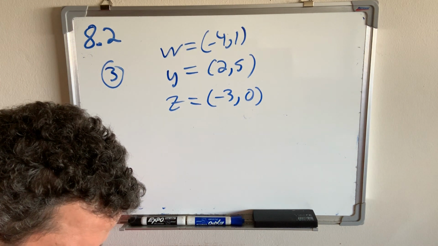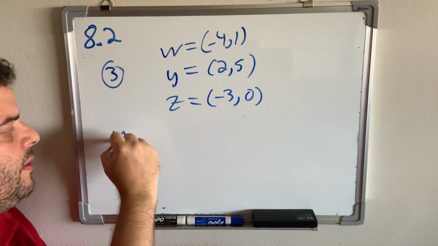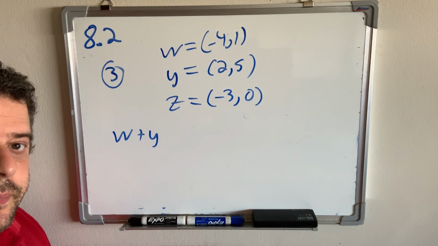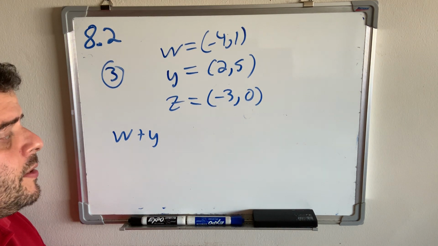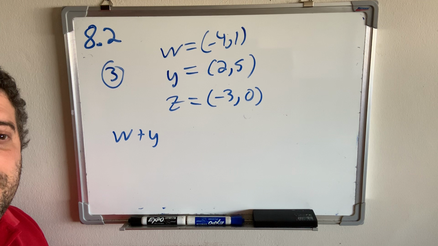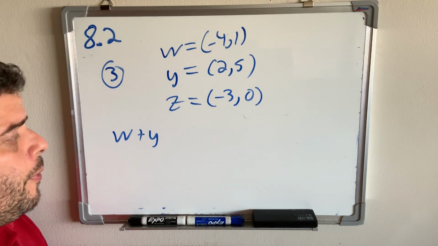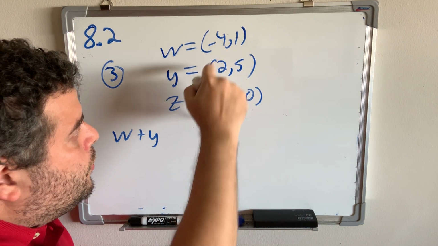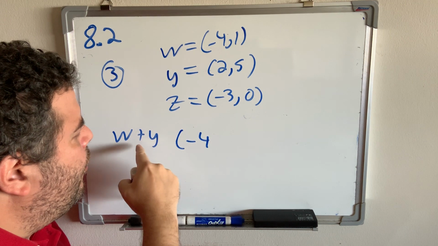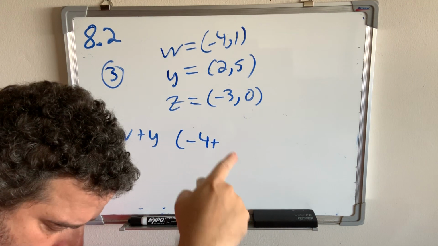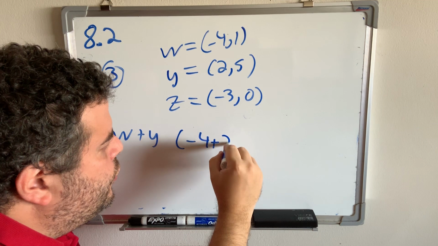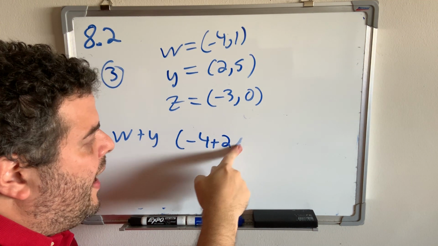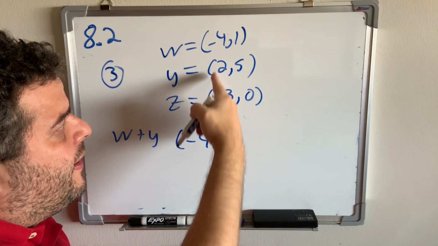Now, if they give me, for example A, W plus Y, all we have to do is join the x's and join the y's in component form. So my W is negative 4 plus my Y, which is 2. That's going to be the x, because I added both x's.